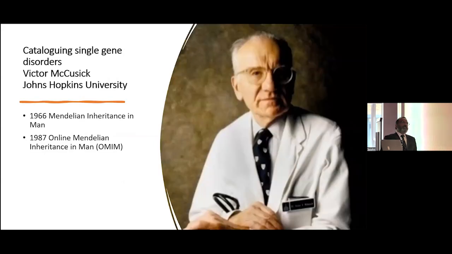So, cataloging single gene disorders. Victor McKusick, in 1966, started a catalog of single gene disorders called Mendelian Inheritance in Man. It used to be published in huge volumes of books, and in 1987 it became online, Mendelian Inheritance in Man, which is widely used across the world.